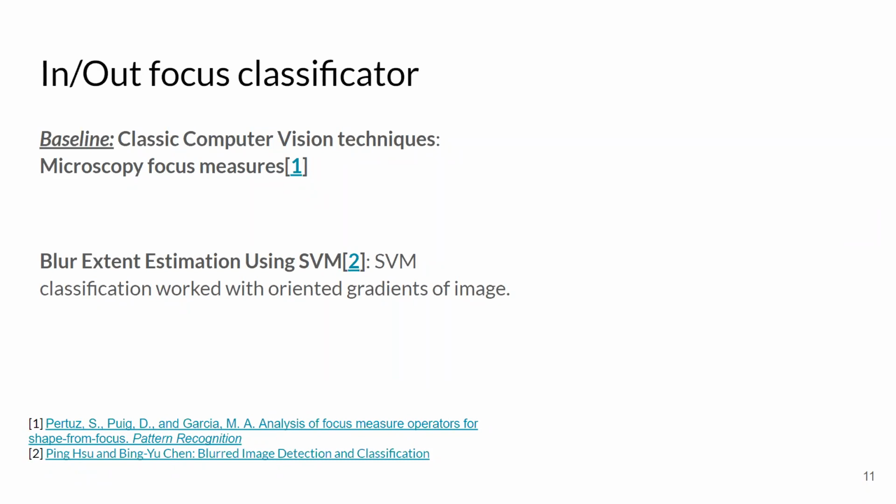After that, we worked with blur extent estimation using a support vector machine. This approach is just an SVM model that worked with histograms of oriented gradients of the image. But for our really specific data, this approach isn't suitable.